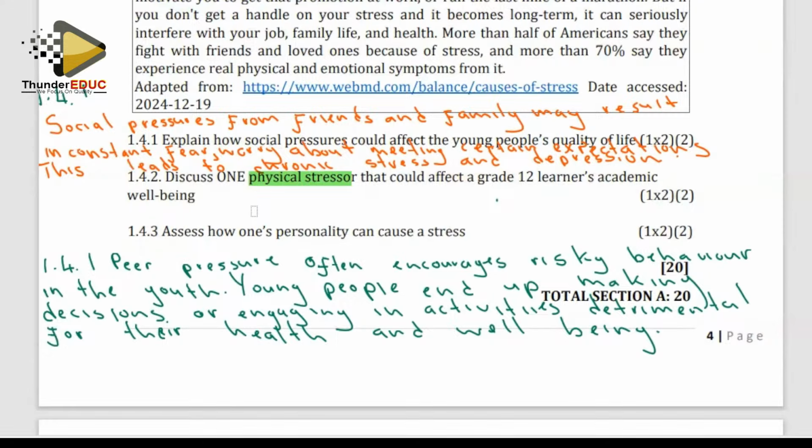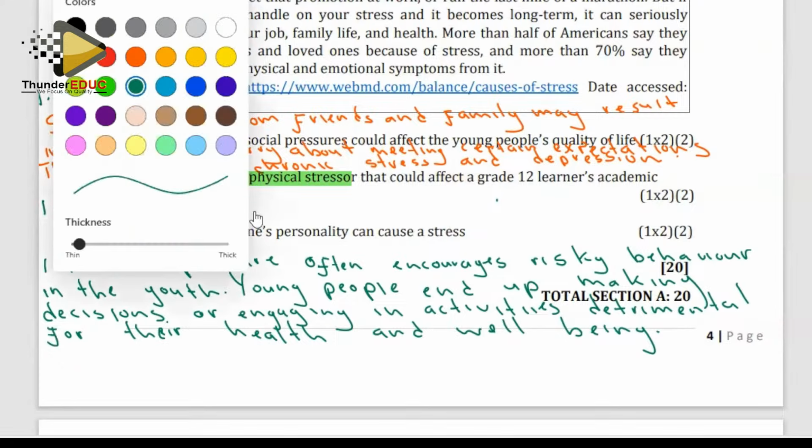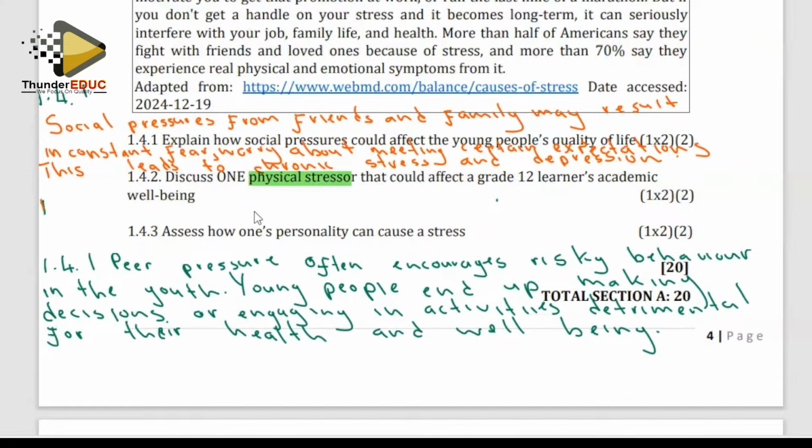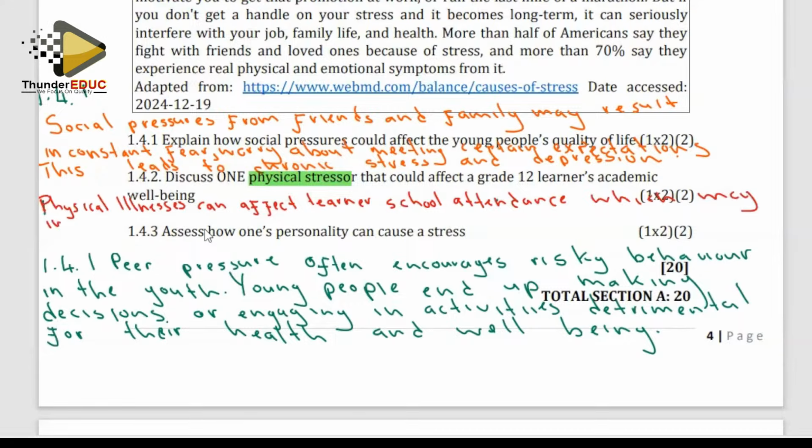So we can talk about physical illnesses, whereby you are suffering from a particular disease. Physical illnesses can affect a learner's school attendance, which may impact on his or her academic grades.